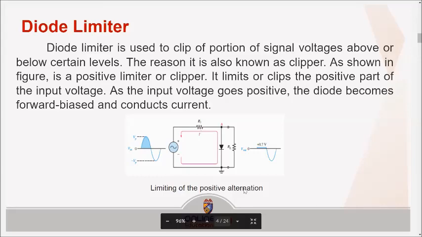Na-limit yung positive alternation. Kasi makikita nyo sa drawing, meron tayong, for example, positive 0.7 volts na nasa taas, yung positive na value ng voltage ay nakat siya. Then, ang natira na lang is yung nasa baba na negative. Ibig sabihin, diode limiter is also known as clipper. Kinakat niya yung positive portion.